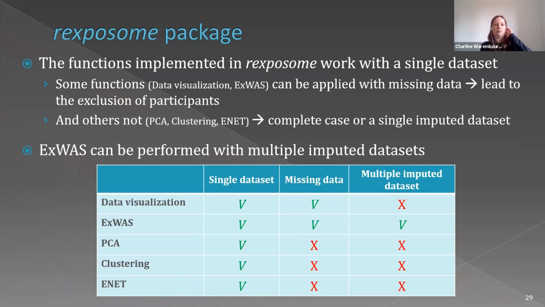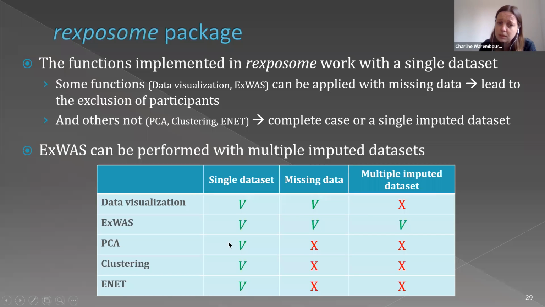Most of these functions work with a single data set. Some of them can be applied with missing data, but you have to know that if you have missing data in your analysis, this will lead to the exclusion of the participant from the analysis. And some other methods, the PCA, the clustering, and the ElasticNet, can only be applied using complete case analysis, so without any missing data.